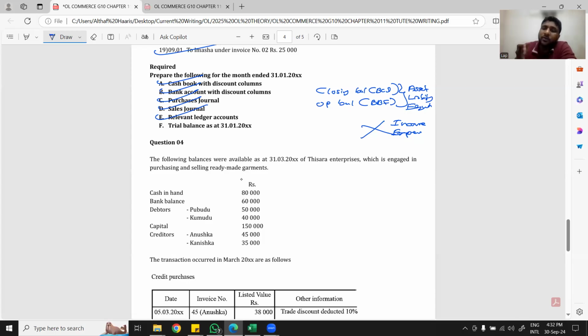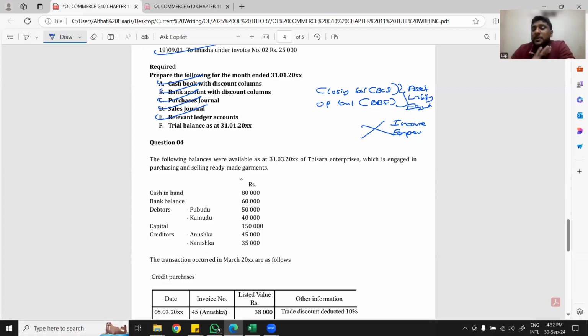If you take the bank loan, which is a liability, you will keep on continuing. Capital, which is equity, you will keep on continuing. But income and expenses, with the year, it's over, because income means the amount earned for the period. With that period it is over; next is a new period.